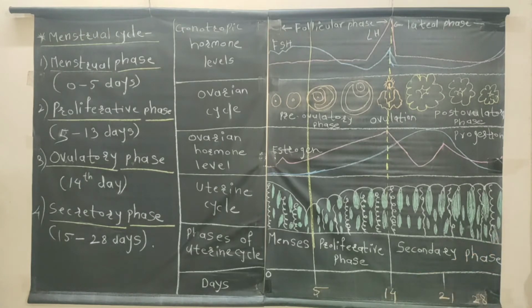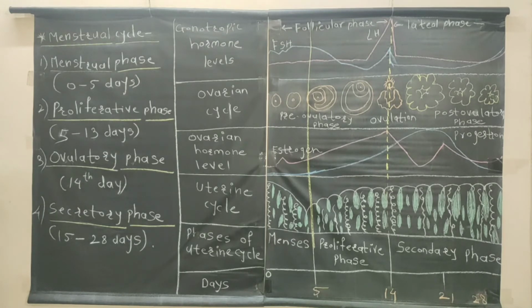For the first 5 days blood continues to be lost, and this blood doesn't clot because of fibrinolysin. The menstrual phase usually occurs when the egg doesn't get fertilized. So this is called the funeral of the unfertilized egg.